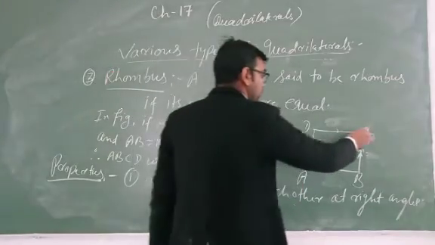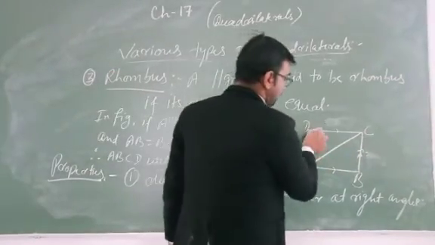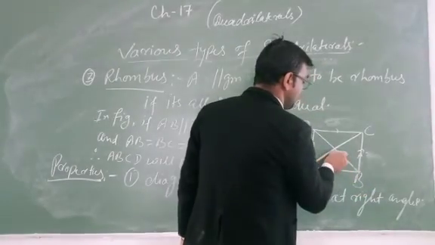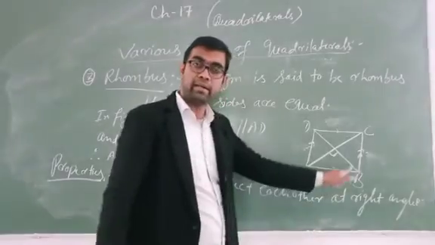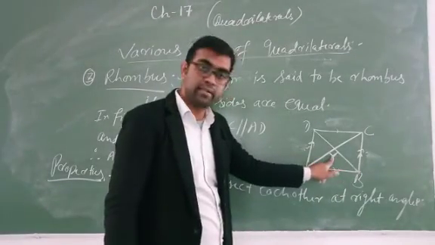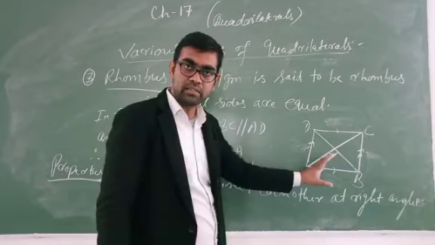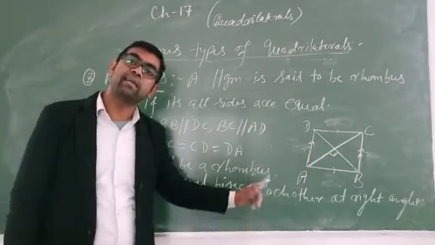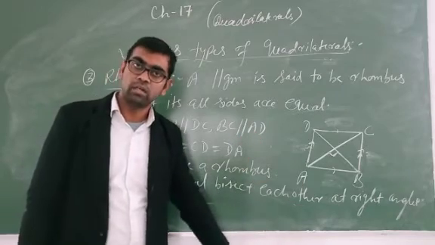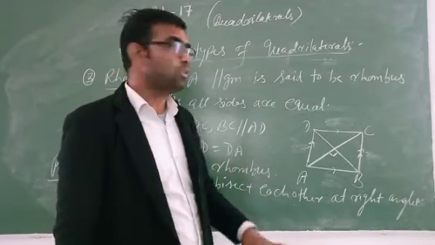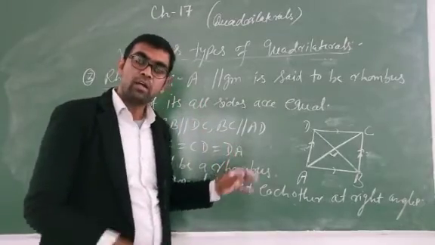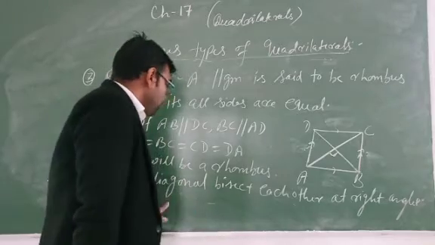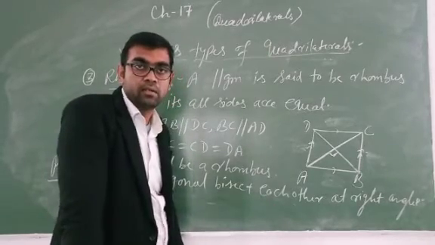Here AC is a diagonal and BD is a diagonal, so they will bisect each other at right angle, which means 90 degrees. Understand? So properties of rhombus: diagonals bisect each other at right angle, all sides are equal, opposite angles are equal. It follows all properties of a parallelogram as well.